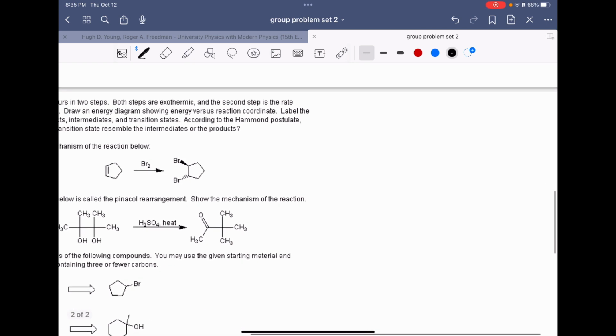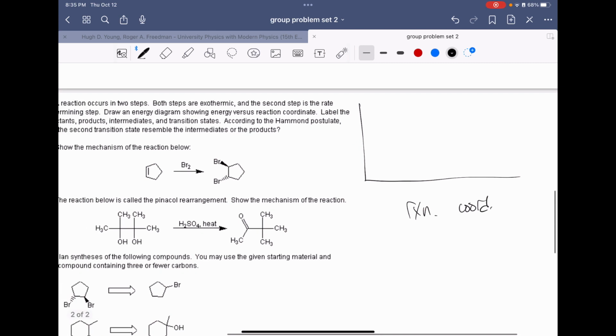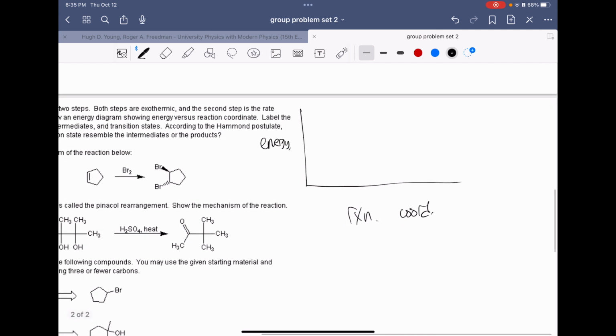Okay, so we know both steps are exothermic. All right, so we know the reactants are going to be higher energy than the products, and we just draw this to scale. Something like this.